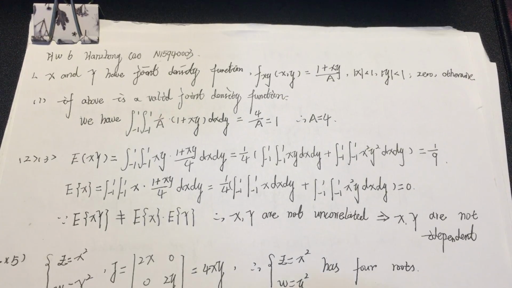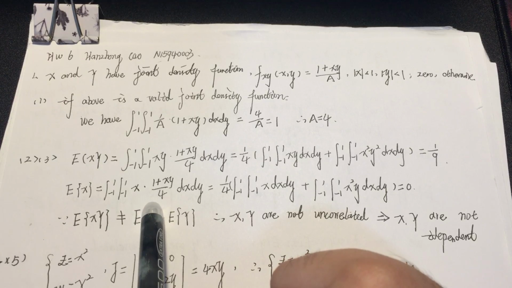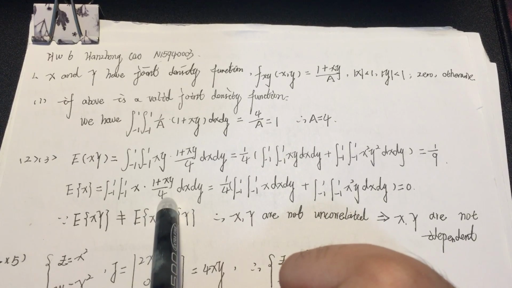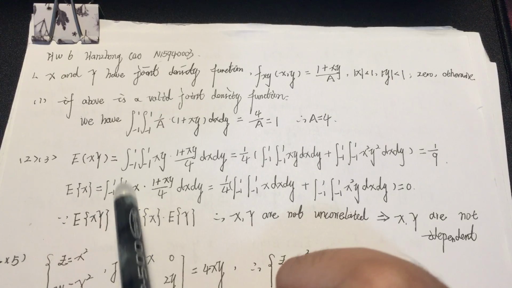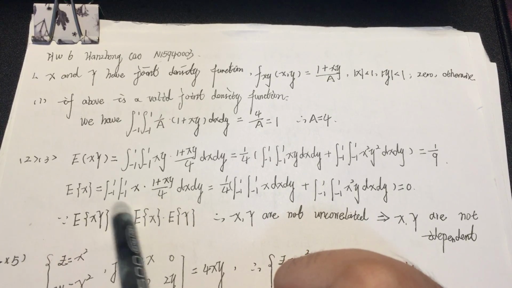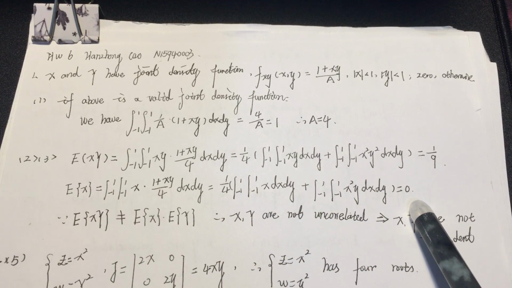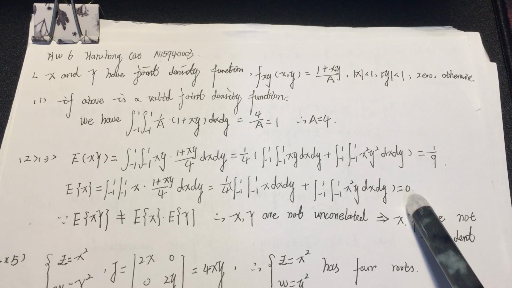And the expectation of X can also be written as x multiplied by the density function, integrated from minus 1 to 1 with respect to x, and from minus 1 to 1 with respect to y. And we calculated it as 0.